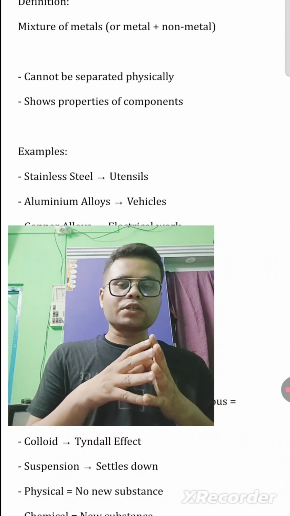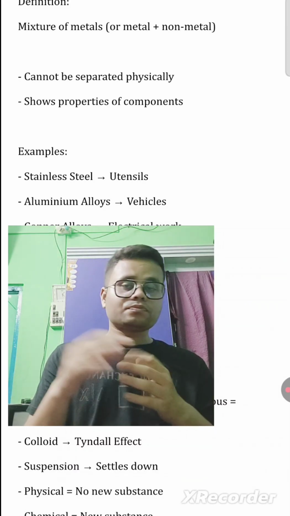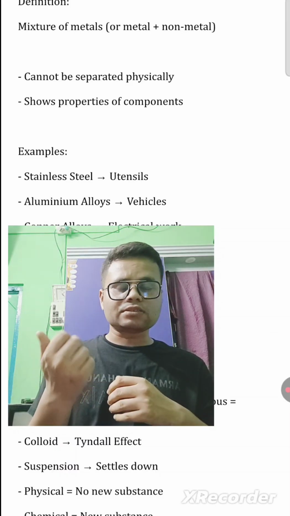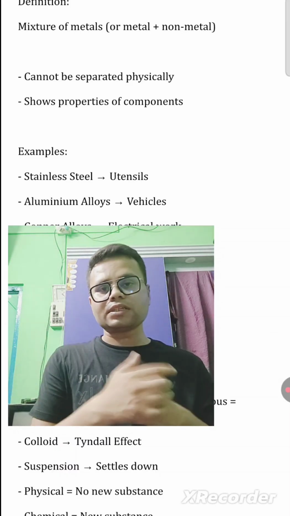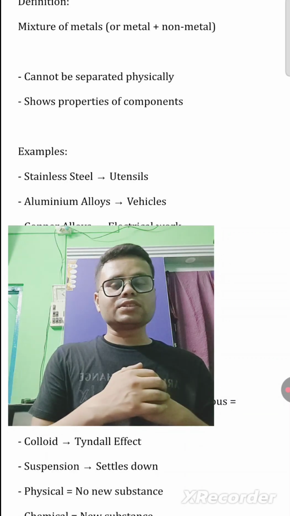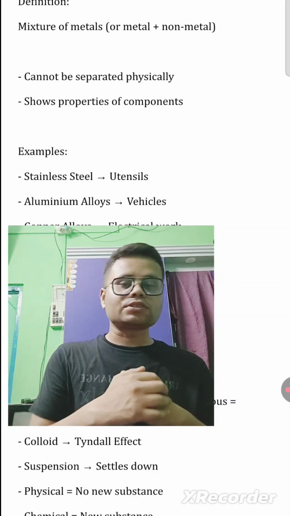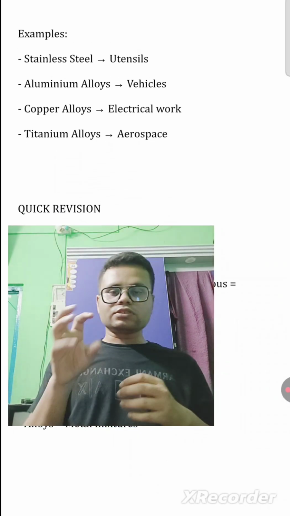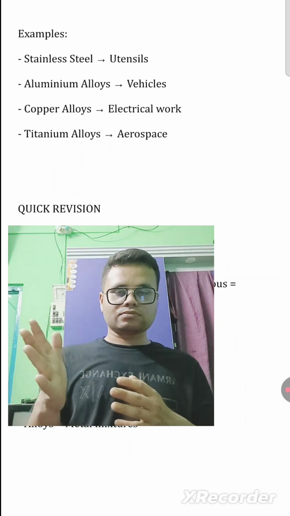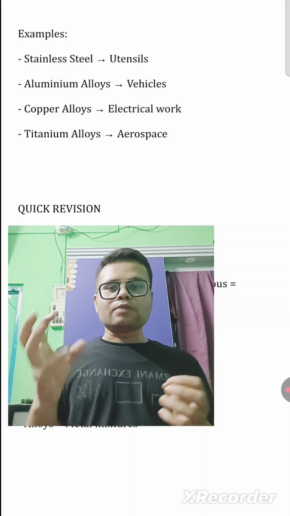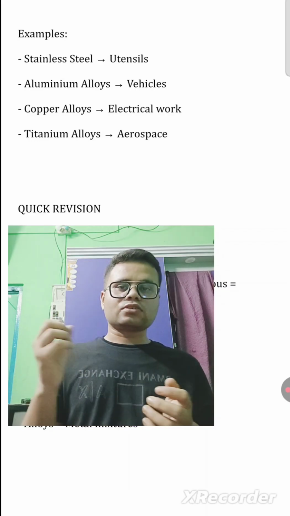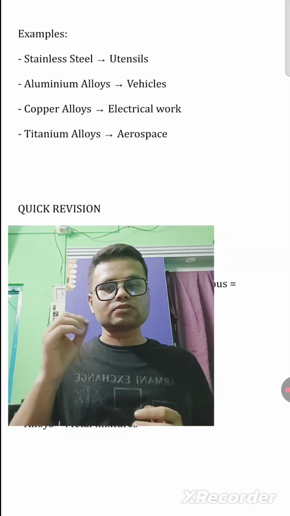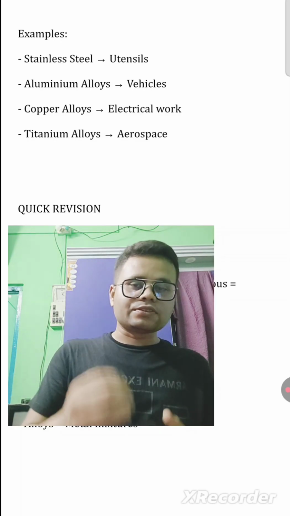It shows the properties of its components. Examples: stainless steel, used in utensils; aluminum alloys, used in vehicles; copper alloys, used in electrical work; and titanium alloys, used in aerospace engineering.